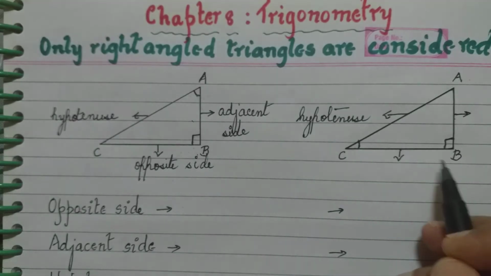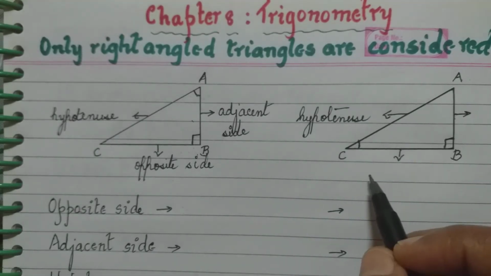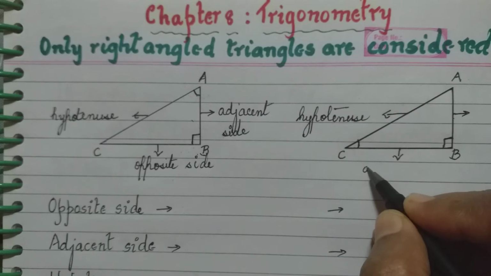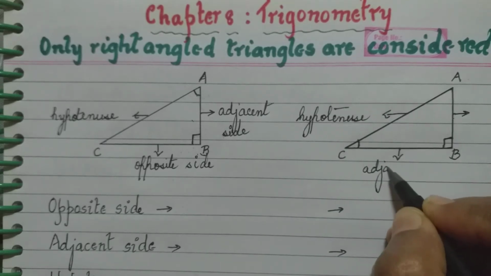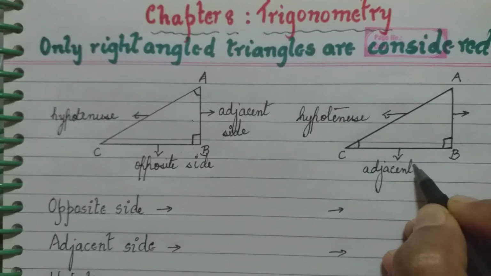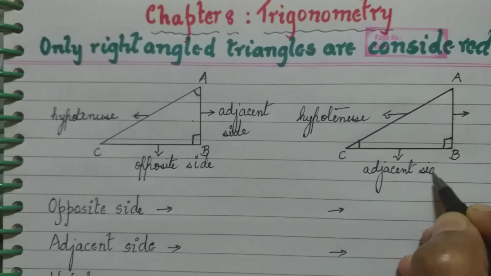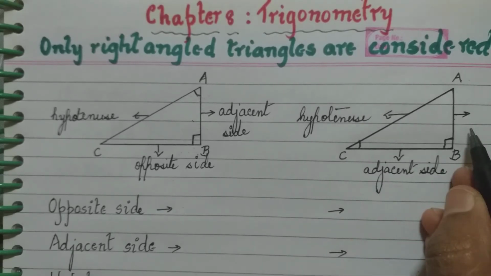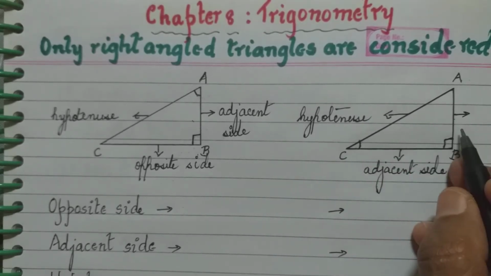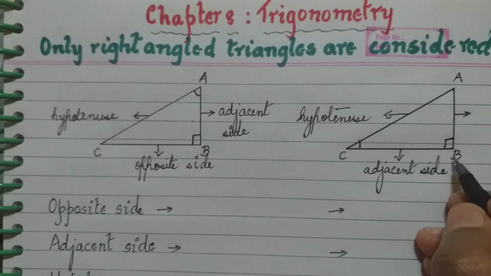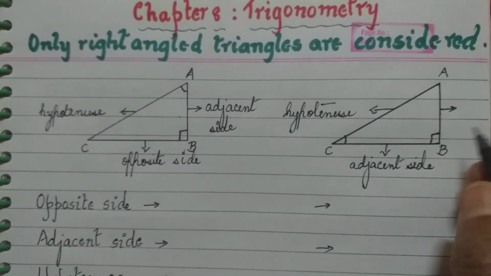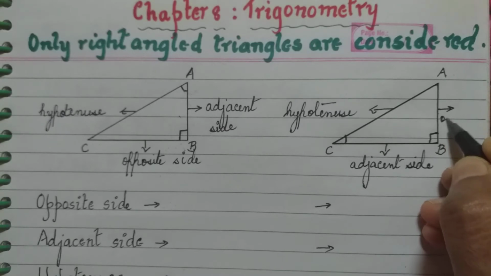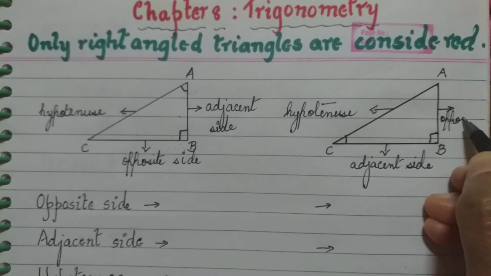So the other side BC now becomes the adjacent side. So we write here adjacent side. Then the side in front of C, or opposite to C, that is AB, now becomes the opposite side.